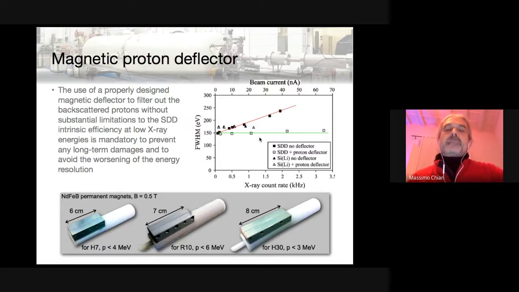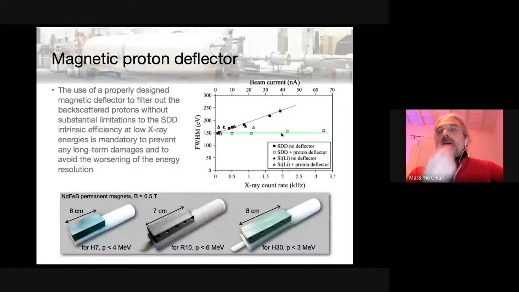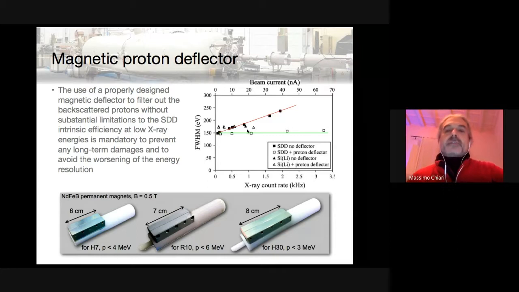And you see that placing the deflector, even increasing the X-ray count rate, and so the backscattered protons count rate from the same samples, because obviously when you're doing PIXE, you are also at the same time producing the emission of all other kinds of radiation, in particular also backscattered protons. Without the proton deflector, you see that the energy resolution was worsening as a function of the count rate of the backscattered protons, and with the deflector, this was constant and as good as it was before.